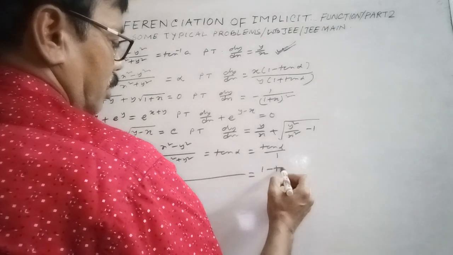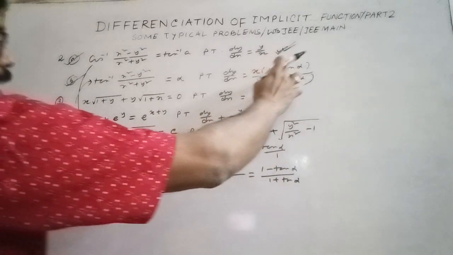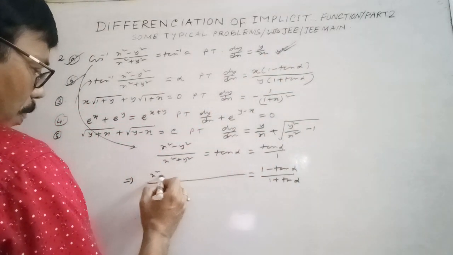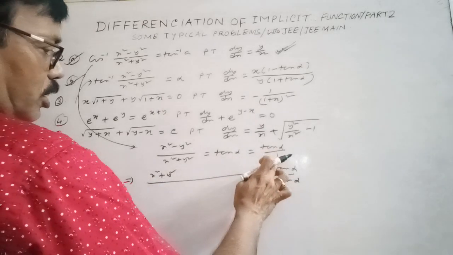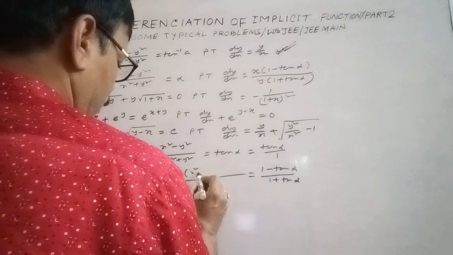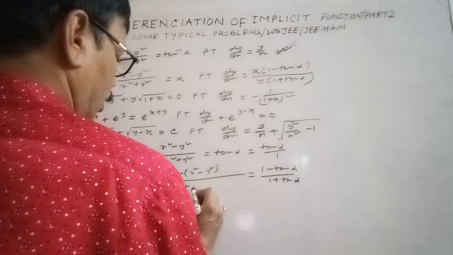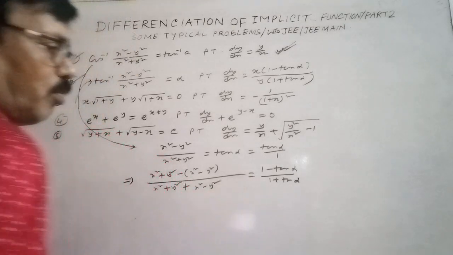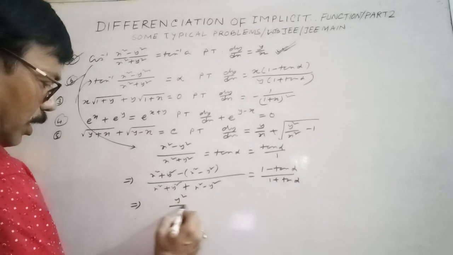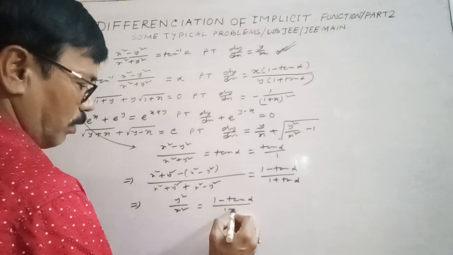So 1 minus tan alpha by 1 plus tan alpha. Look at the proof. Denominator minus numerator: x square plus y square minus x square plus y square. So we are getting y square by x square equals 1 minus tan alpha by 1 plus tan alpha.